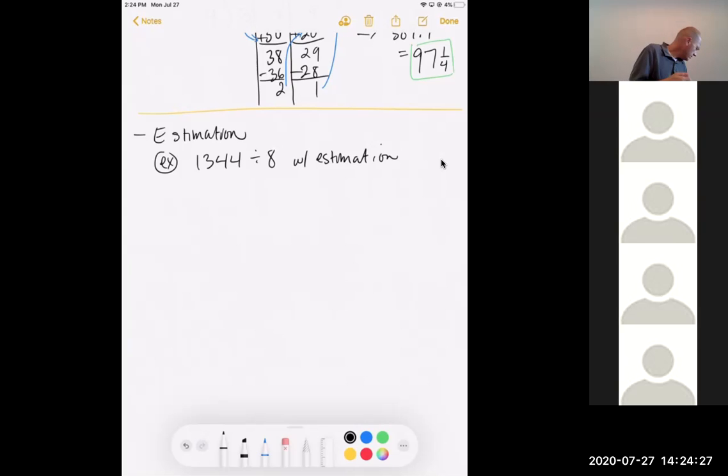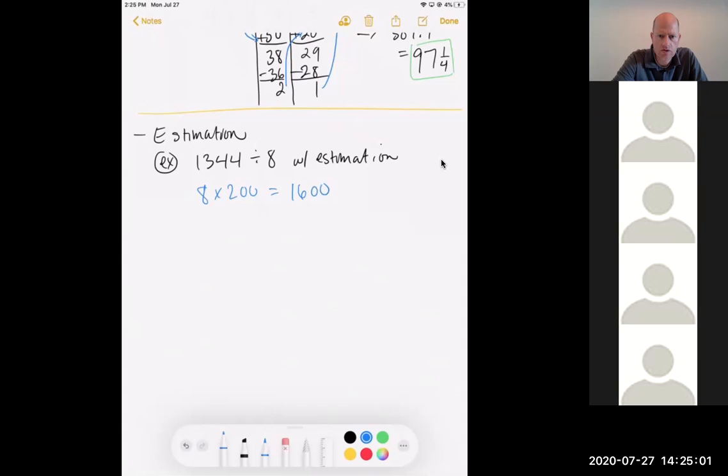What's helpful that we were doing before was the chunking idea, or just kind of thinking about big numbers that go around 1,344. So if we do 8 times 200, okay, that's a big number right there, 1,600.